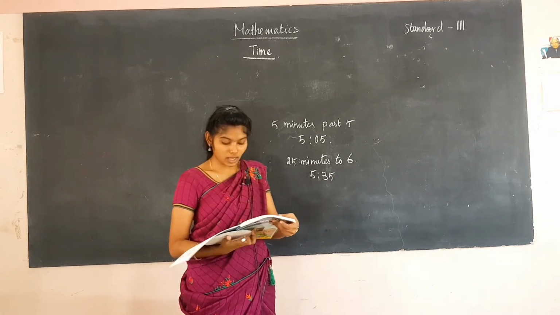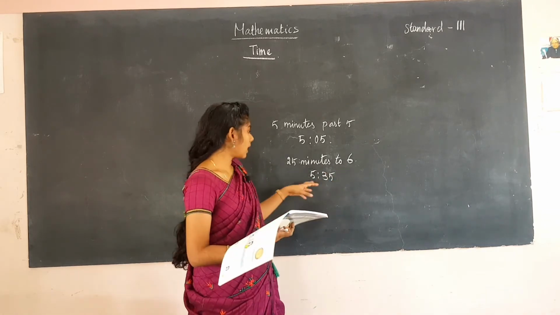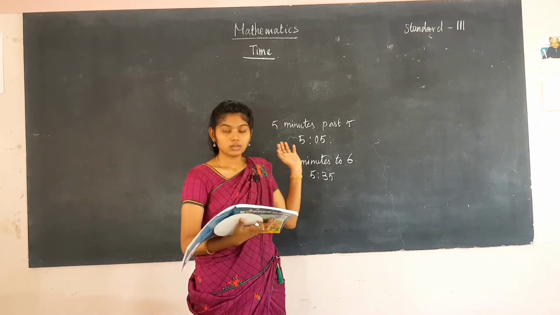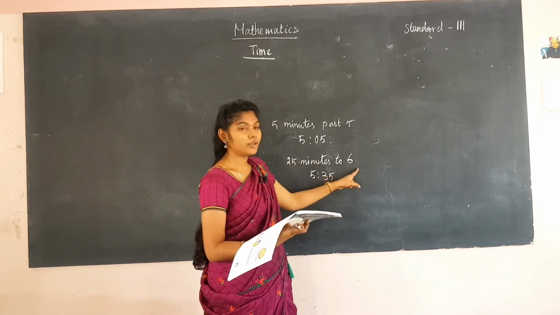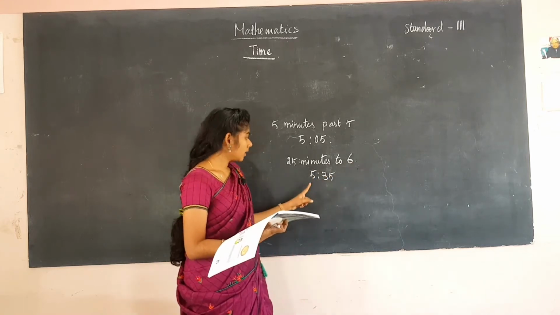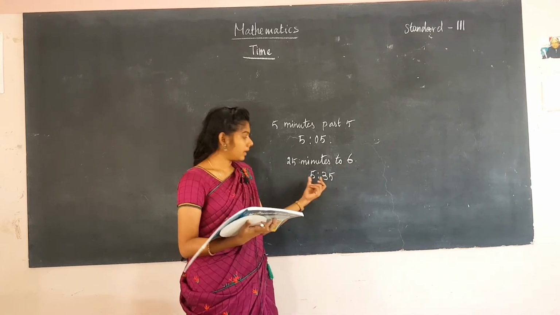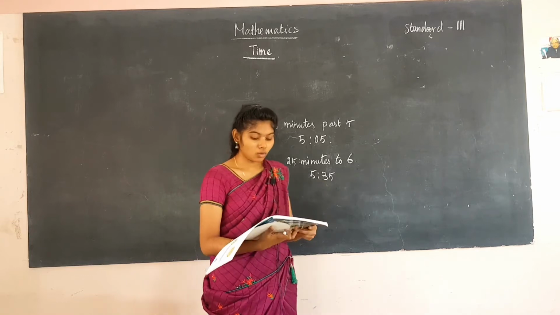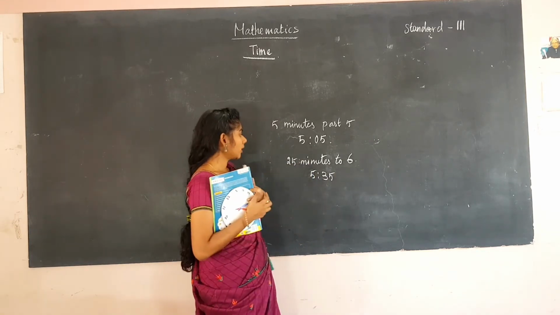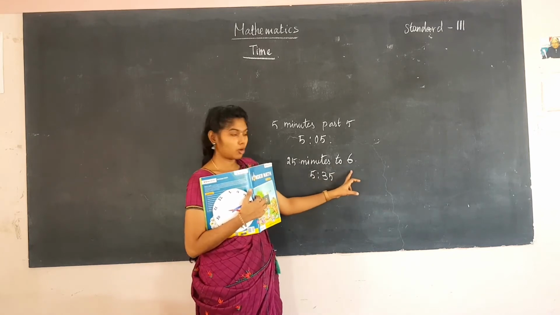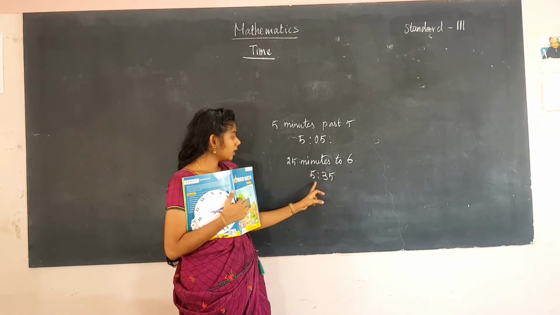You should not say 35 minutes past 5, as he is saying. Only 25 minutes to 6 you have to say, like the mother is saying. That is 5:35, 5 hours and 35 minutes.